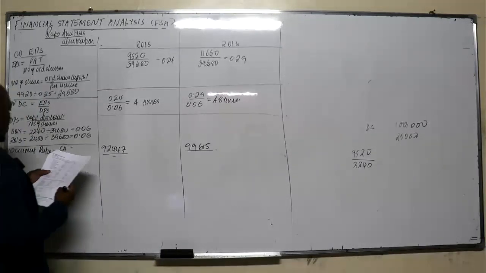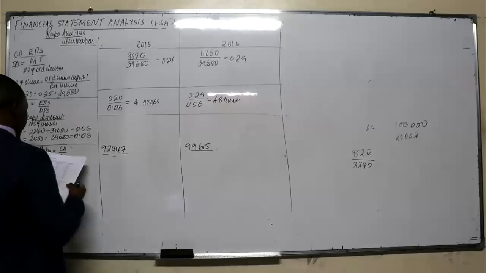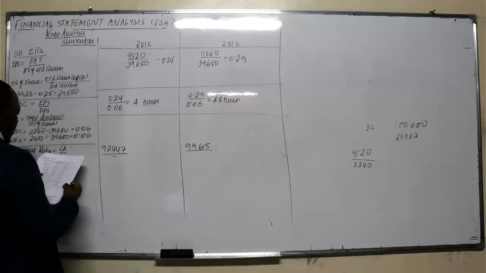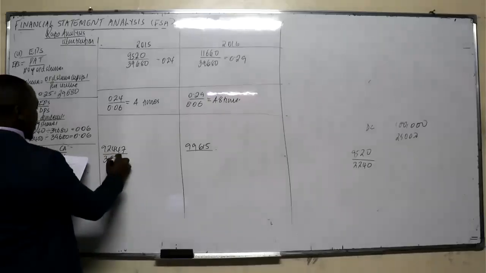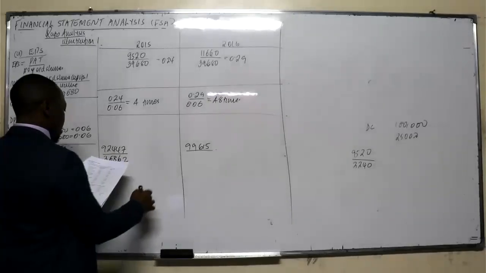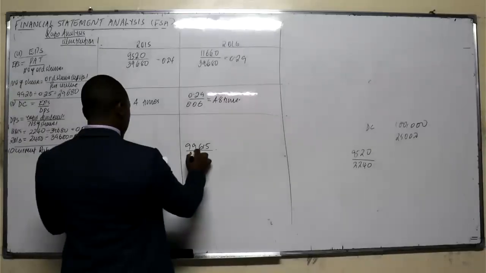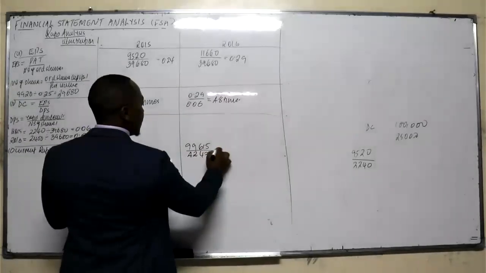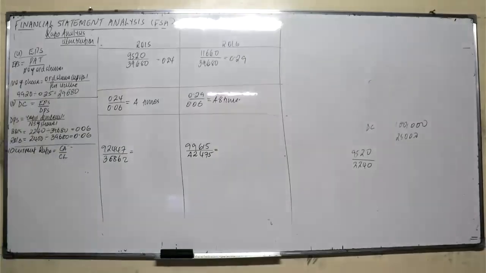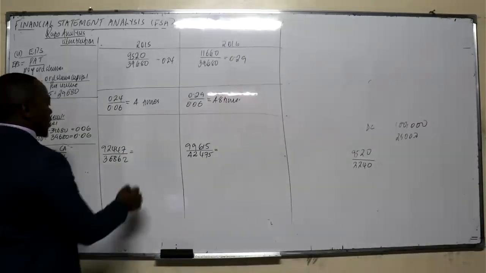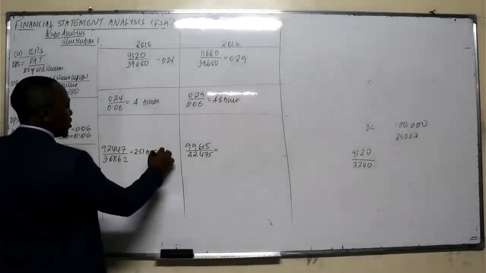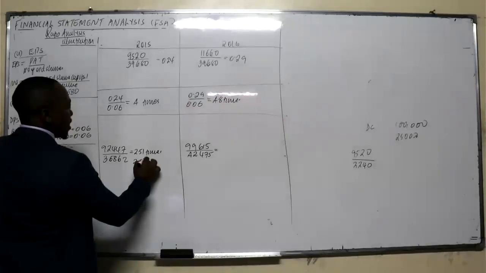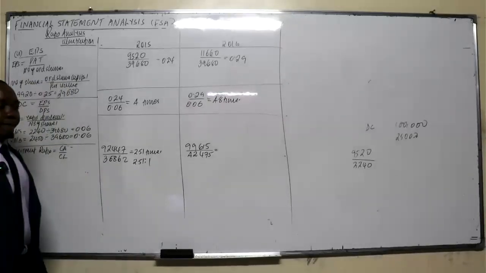And for the current liability, we have an amount of 36,862, and here we have an amount of 42,475. That gives 2.51 times, or you can show 2.51 is to 1.